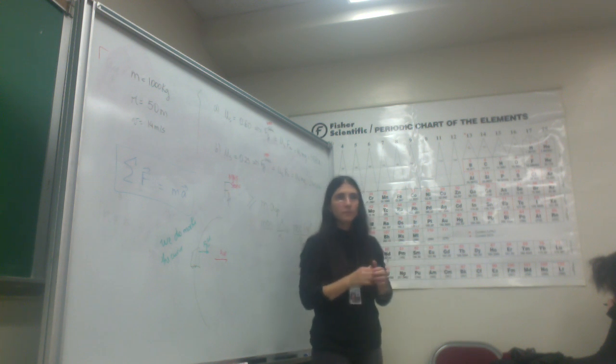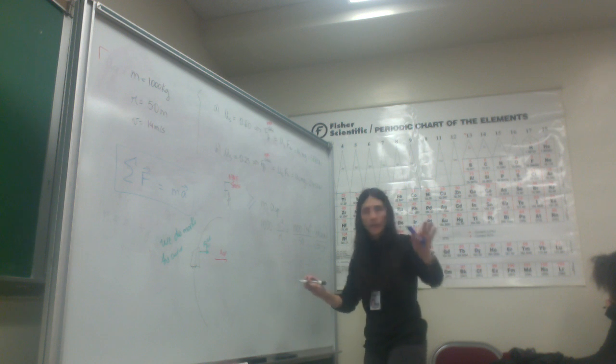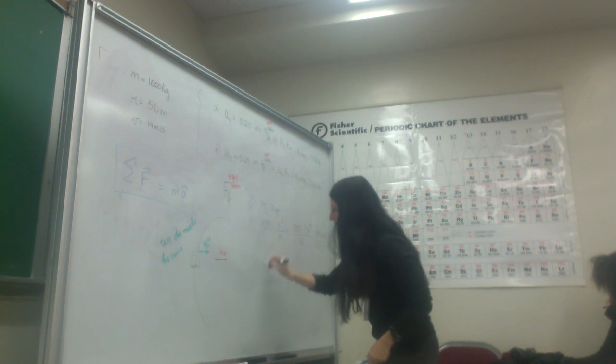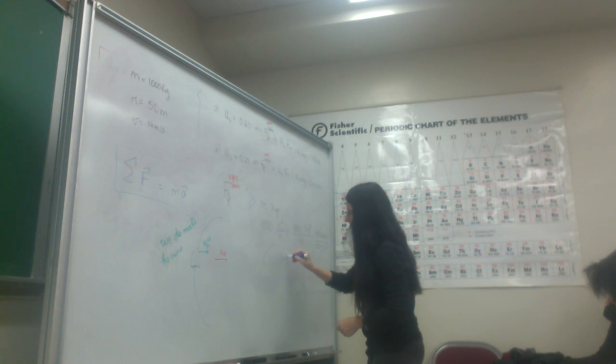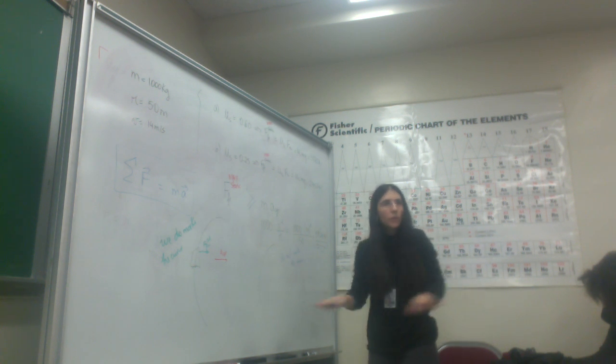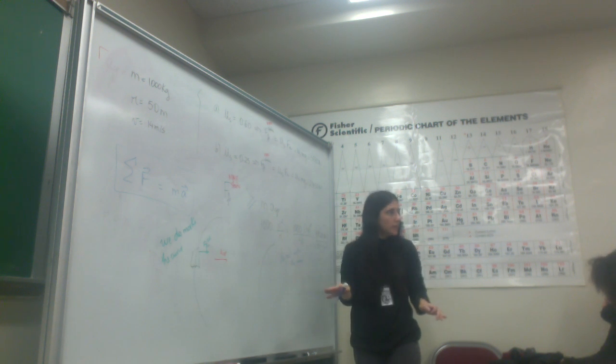And if you don't make the curve, then the acceleration would continue on straight. Let's make the drawing. If I do not make the curve, there is no centripetal, so I cannot draw this centripetal here because it doesn't exist.